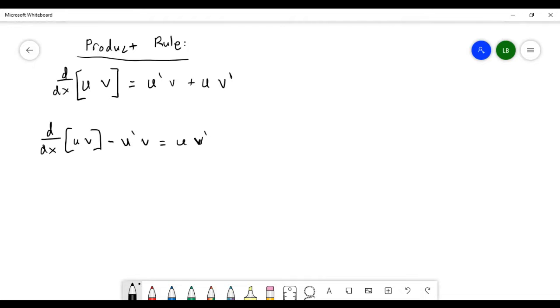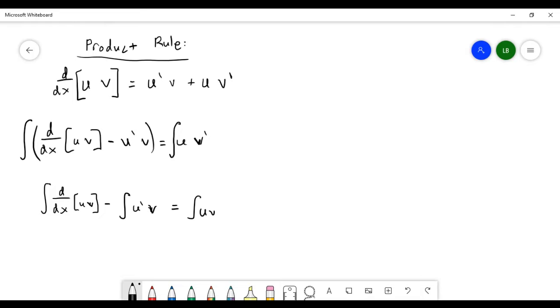But then from here, what if we wanted to integrate both sides? Well, then you could break apart this integral, so you'd have the integral of the derivative of uv minus the integral of u prime v equals the integral of u v prime. The integral of the derivative is just the original thing. So we can rewrite it just like this.